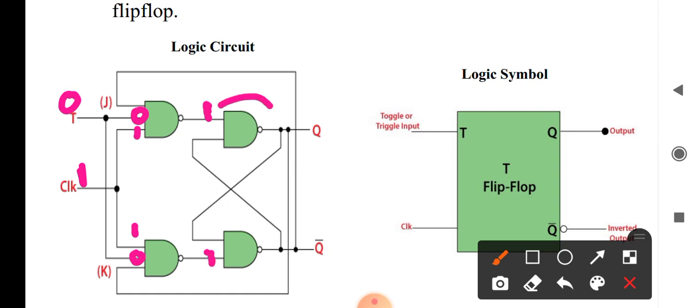So this 1 complement becomes 0. 0 into 1 is 0, 0 complement is 1. See here 0 and 1. So it is the previous state.